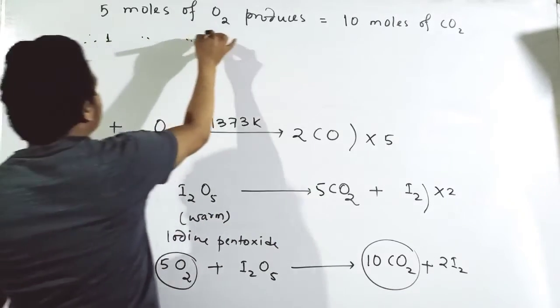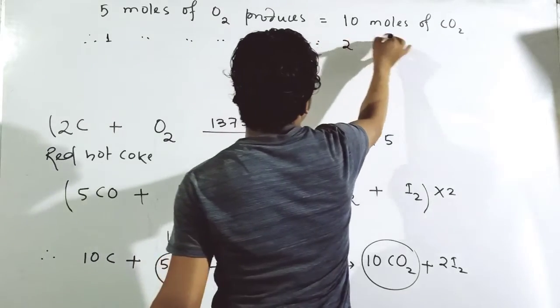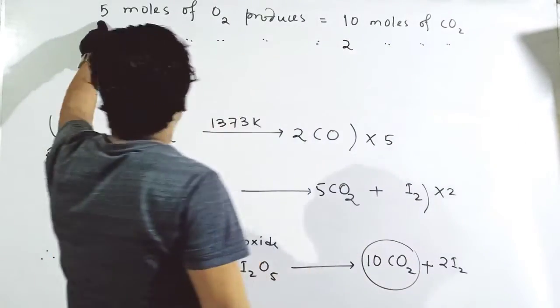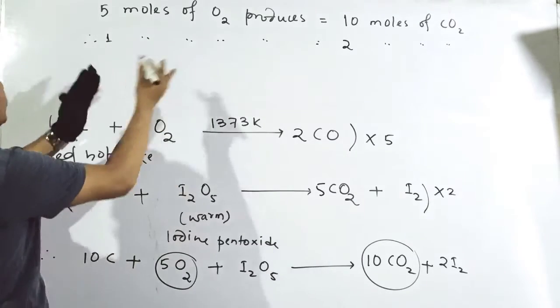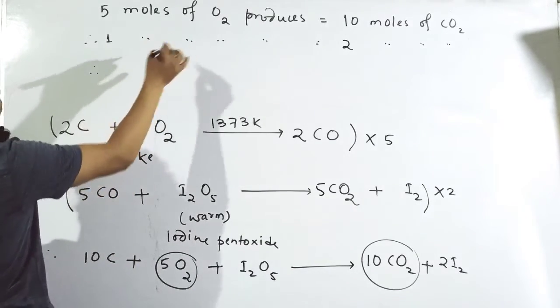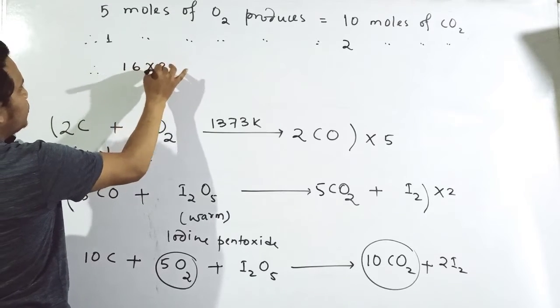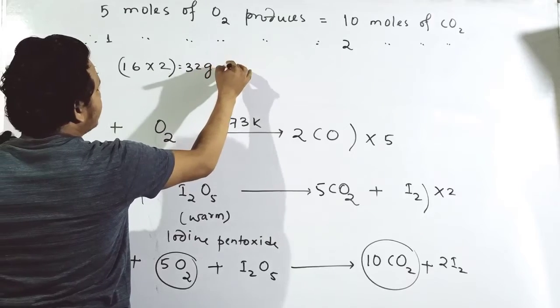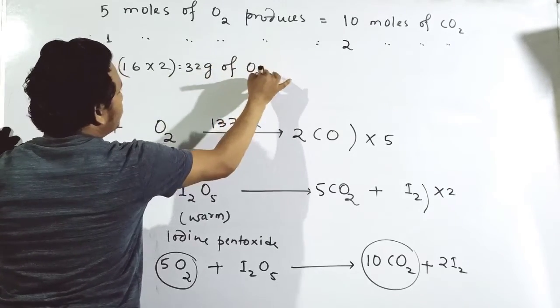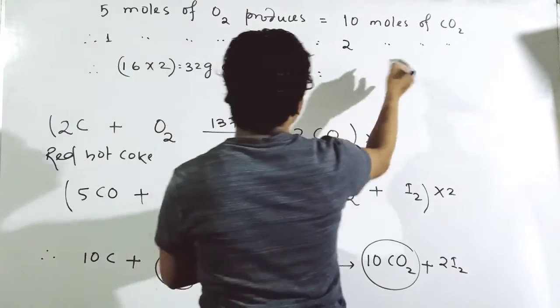Therefore, 1 mole of O2 will produce 2 moles of CO2. 1 mole of O2 means, O2 mass is 16 into 2, that is 32 gram.